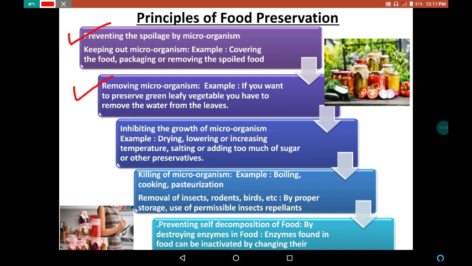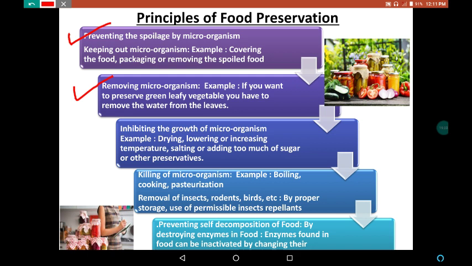If you want to preserve green leafy vegetables, you have to remove water from the leaves. You dry them in sunlight, and you can preserve them for a long time. Like kasuri methi is dried in sunlight and you can use it for at least 6 months to 1 year.